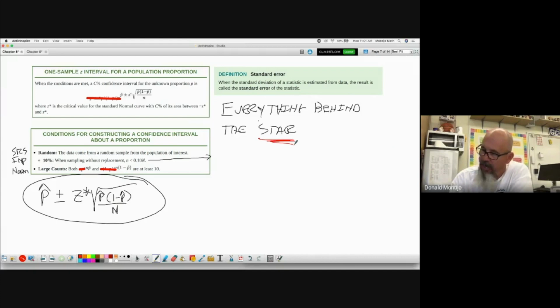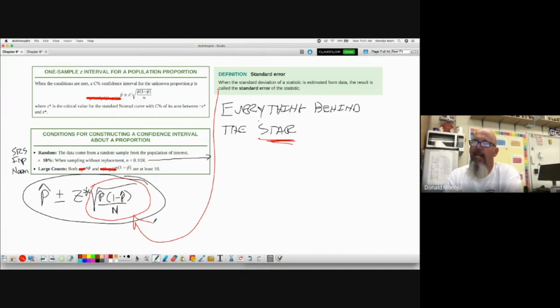What star? Everything behind z star, or as we'll see in some of the other ones later, everything behind t star. So the standard error is everything behind the star. The margin of error is everything behind the plus and minus, and the point estimate is everything in front of the plus and minus.